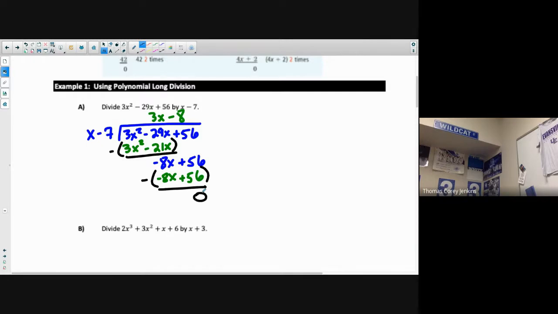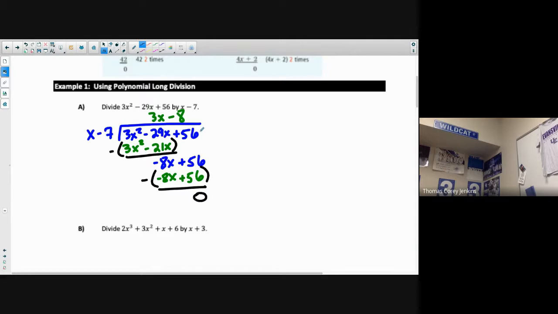So in other words, what we just figured out is that x minus 7 goes into this quadratic trinomial evenly, right? Because if I multiply this times this, the result would be 3x squared minus 29x plus 56. All right, so hopefully that makes sense.